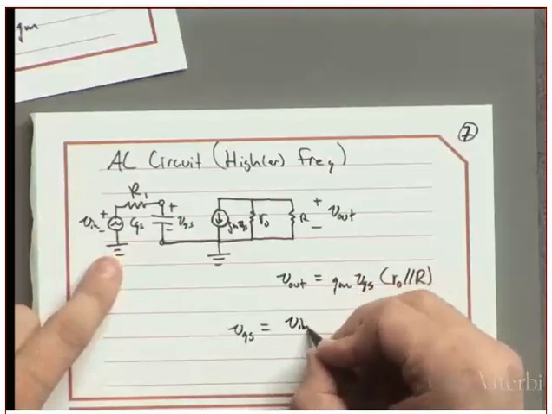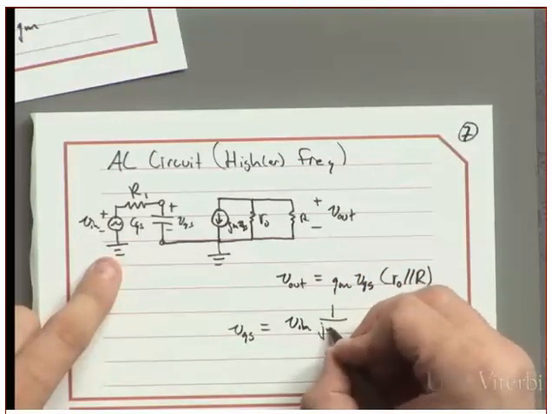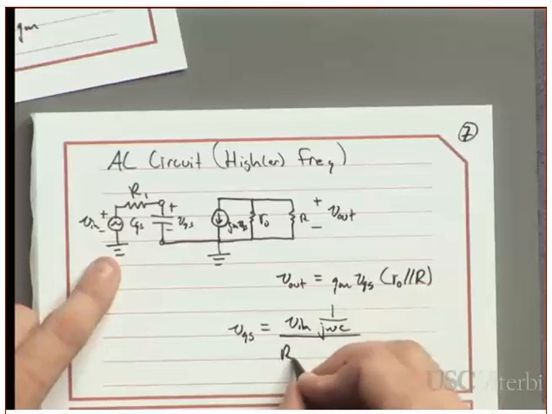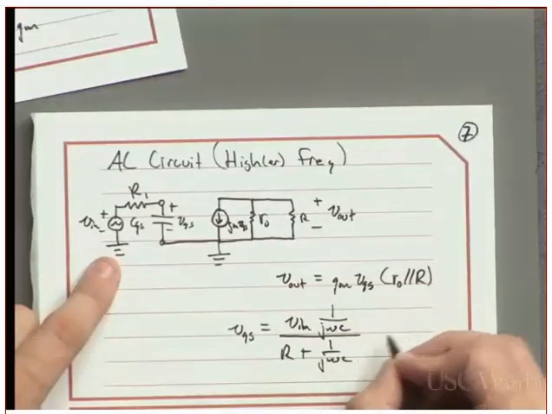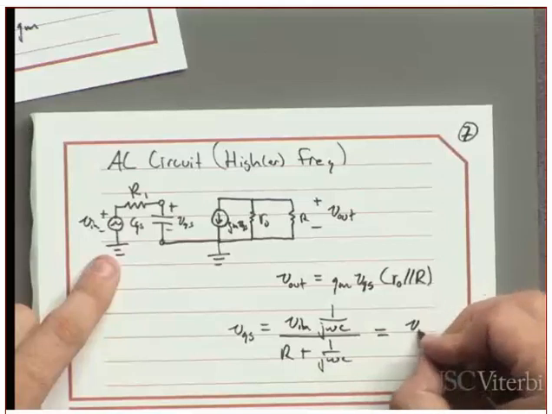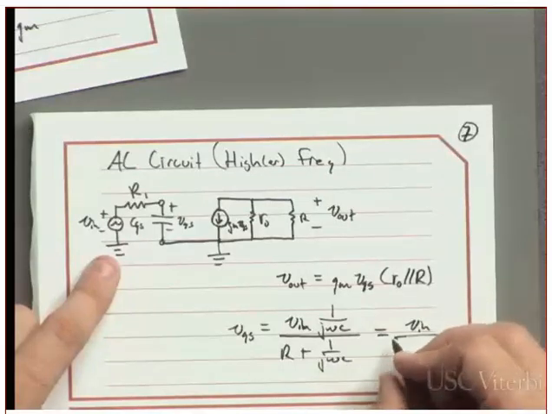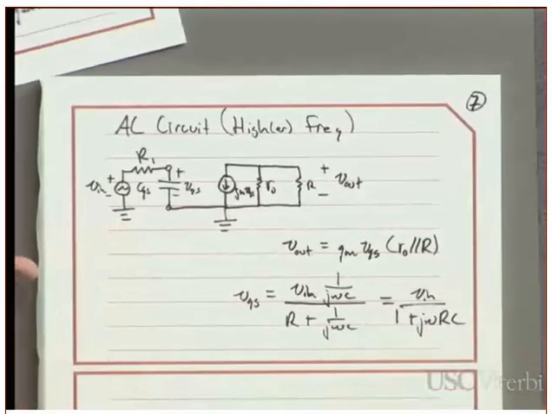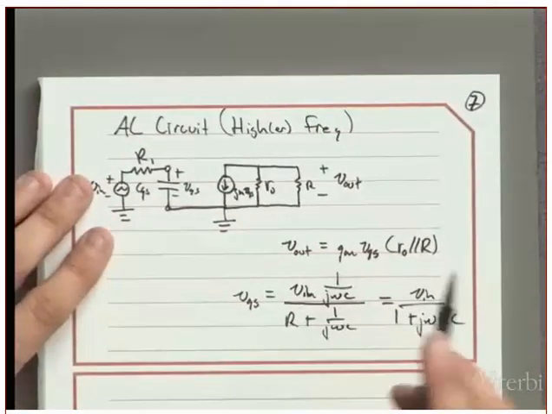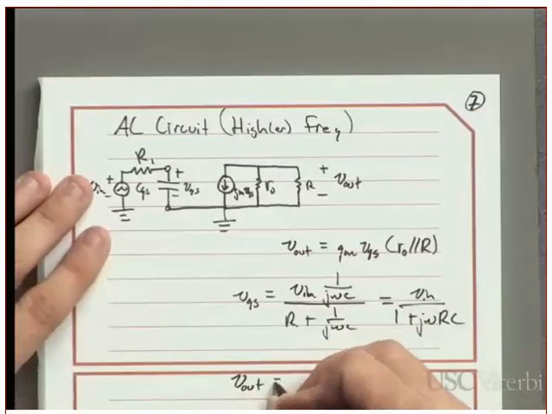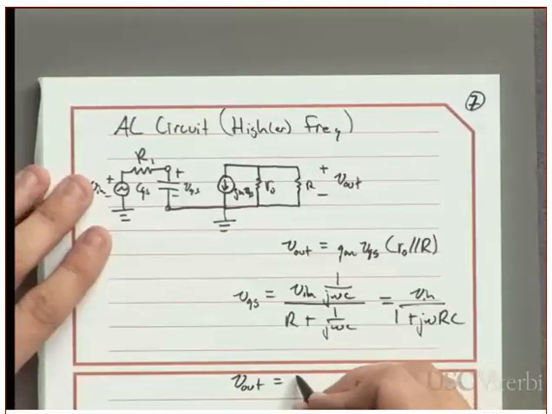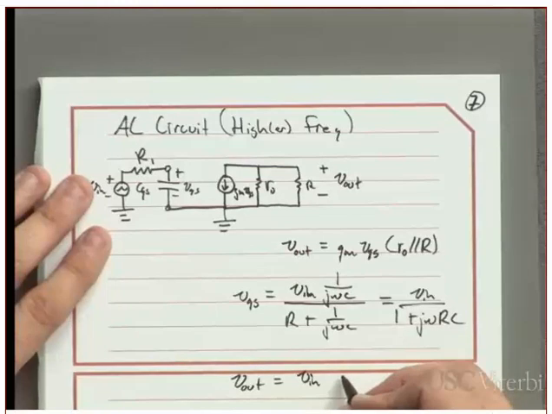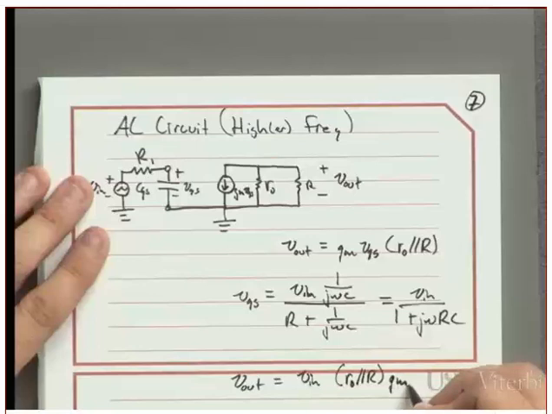So it's Vin times the impedance of the capacitor, 1 over j omega C, over R plus 1 over j omega C. And simplifying, or beautifying, I guess, we get 1 plus j omega RC. So that's VGS. So I can just substitute that in right there, find that V out is equal to V in, R naught parallel with R times GM over 1 plus j omega RC.